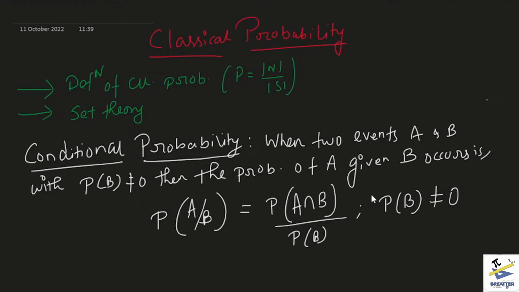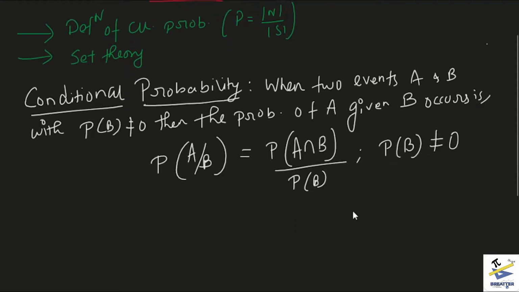So this is the definition which we are trying to find, and this definition can be used in multiple ways, but then again we can also use conditional probability by logic as well, just by finding the sample space of B and then counting the number of elements which satisfy our favorable case. So this is the conditional probability.